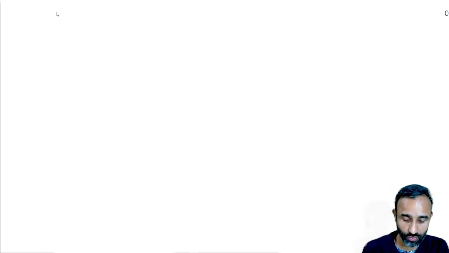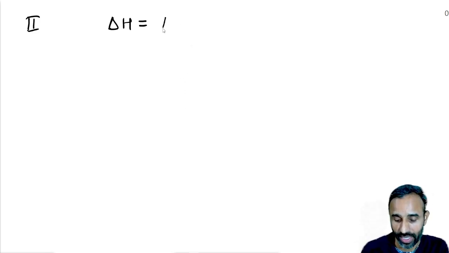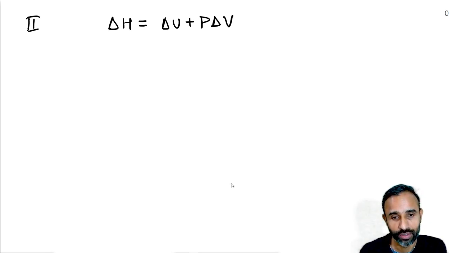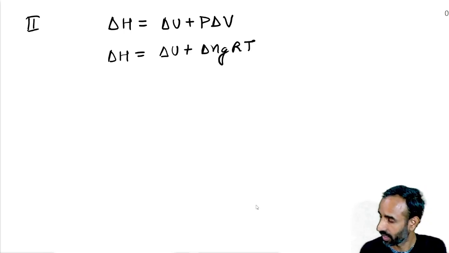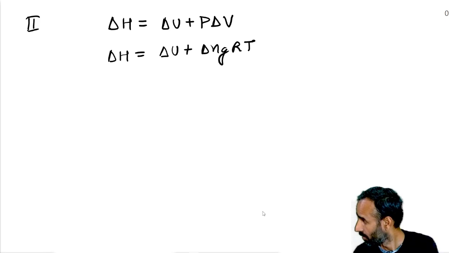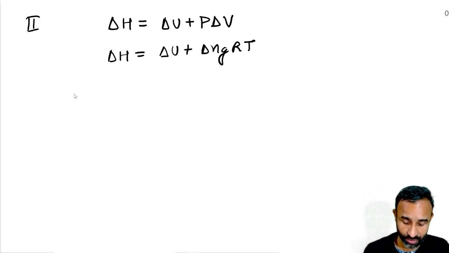Okay, now second is delta H equal to delta U plus P delta V, or delta H equal to delta U plus delta n g RT. And what is delta H?